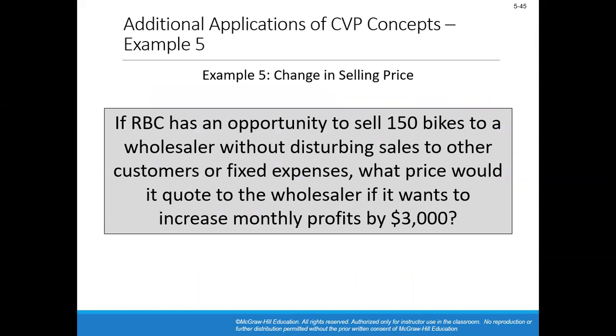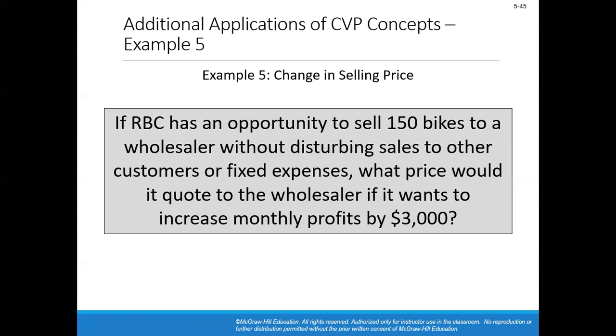Next example. If RBC has an opportunity to sell 150 bikes to a wholesaler without disturbing sales to other customers or fixed expenses, what price would it quote to the wholesaler if it wants to increase monthly profit by 3,000?